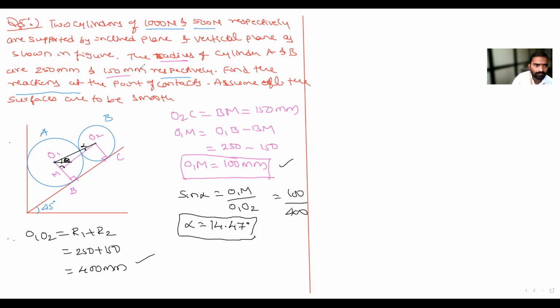This reaction angle is equal to this angle. The red letter that I have written is equal to theta.